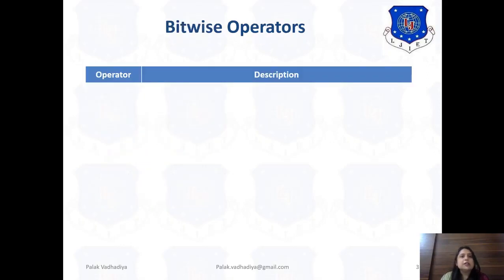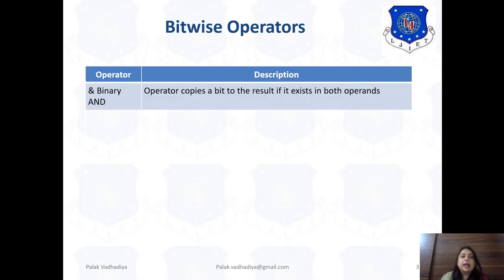So let's start with the bitwise operators. The first is AND, the binary AND. Whatever procedure you perform in digital, the same procedure is here in Python. The AND operator copies the bit to the result if it exists in both operands. Next is OR, and the sign is the pipe sign.